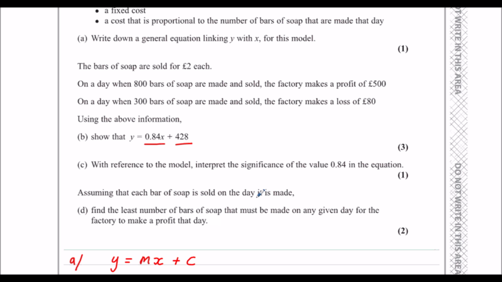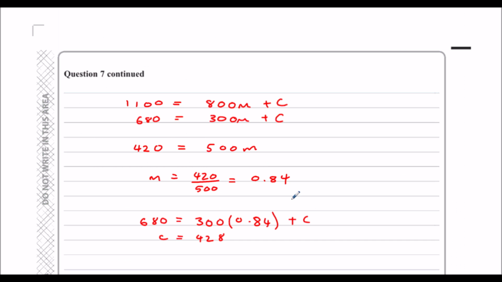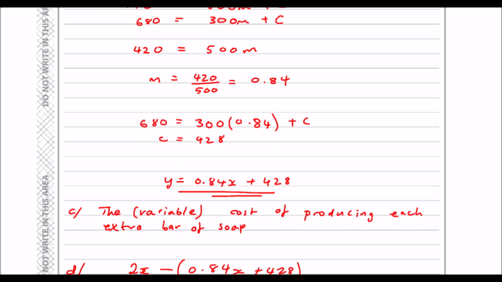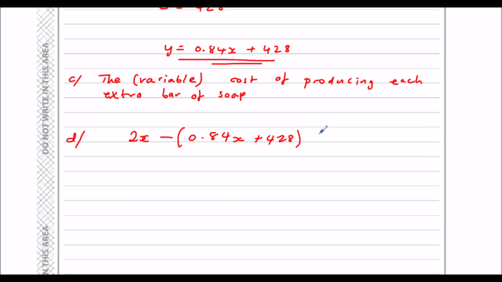So let's say if they're making a profit, that's got to be bigger than 0. So I'm going to use an inequality here. So where is it bigger than 0? So we want to make a profit. So the money they make, take away the money it costs, has to be bigger than 0. So let's solve this. We've got 2x minus 0.84x minus 428 is bigger than 0.